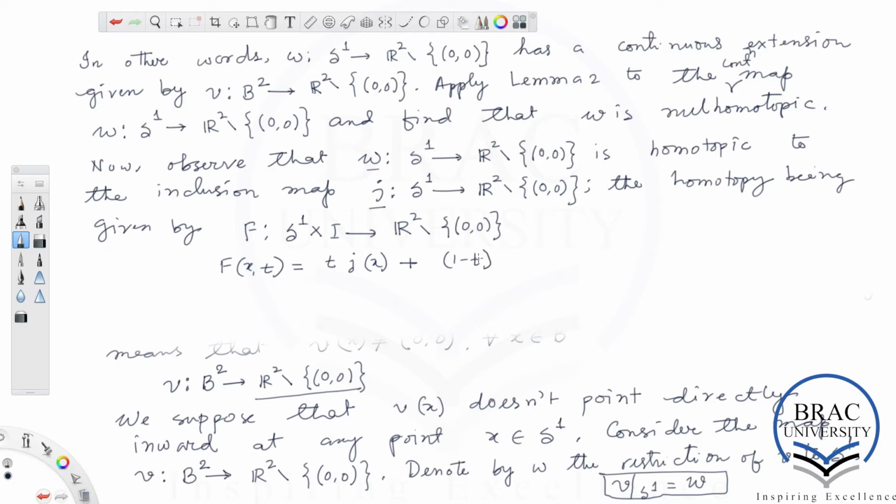It's the straight line homotopy between these two maps, for all x in S1.